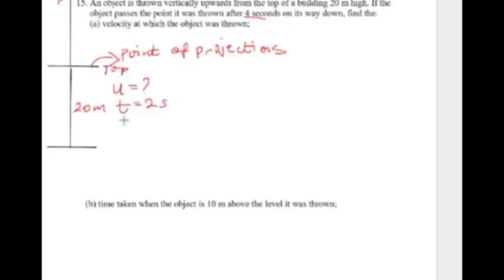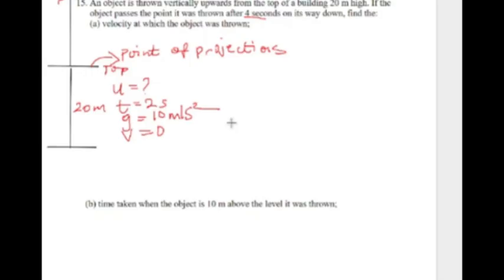Then we know that acceleration due to gravity g is equal to 10 meters per second squared. Okay, now what's the question they say we should solve? They say we should find the velocity at which it was thrown. So we know t, we know acceleration due to gravity. We also know that at this maximum height h, the final velocity is equal to 0.